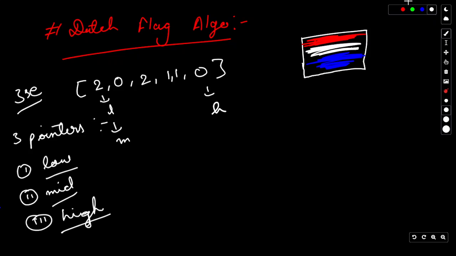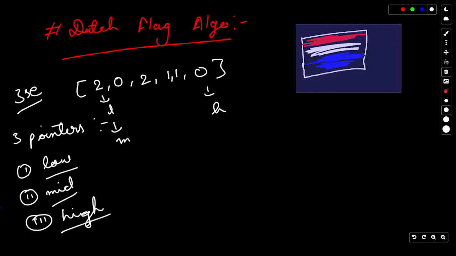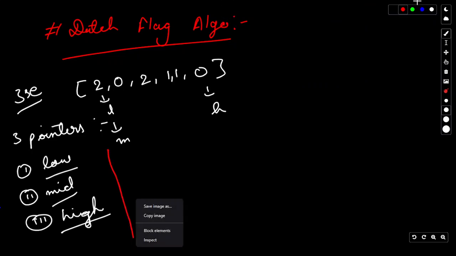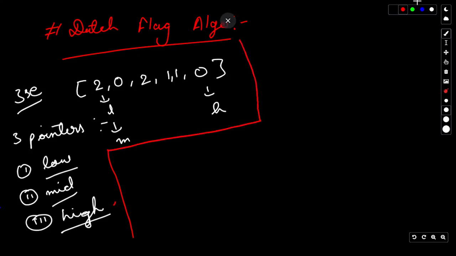There are certain rules that we need to follow. It's kind of a game where we go along with the rules as they are made. The first rule states that this whole algorithm revolves around mid.